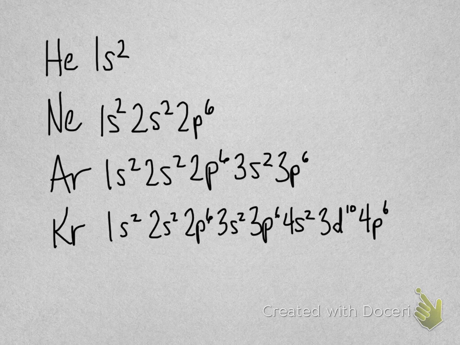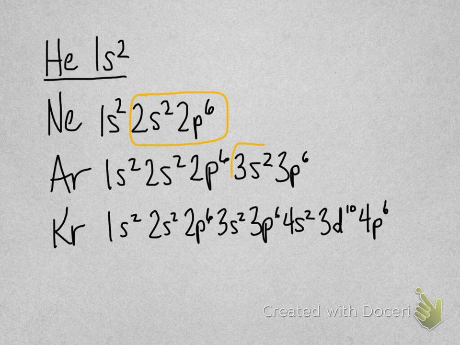And krypton, 1s2, 2s2, 2p6, 3s2, 3p6, 4s2, 3d10, 4p6. Whew! We'll stop there for right now. Other than helium, which of course only has one main energy level and one subshell, but that subshell is full, when we start looking at neon, we start to see what makes the noble gases so stable, so noble.